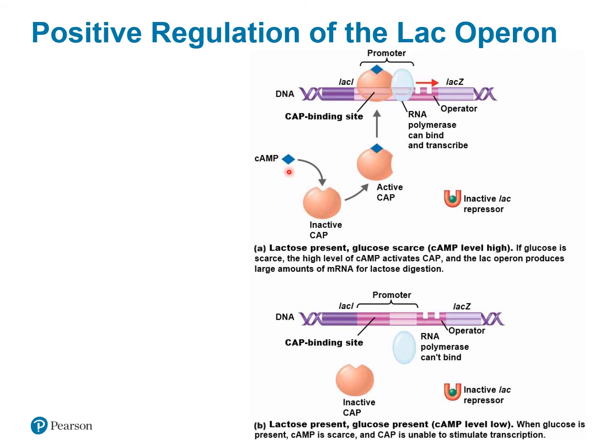That molecule, cyclic AMP, binds to a protein known as the CAP protein, which stands for catabolite activator protein. And once it binds to it, it activates it, which then binds to the promoter site of the lac operon, and that's going to help the RNA polymerase bind to the promoter, and therefore the transcription of the genes that encode the proteins that help the bacteria metabolize lactose can proceed.